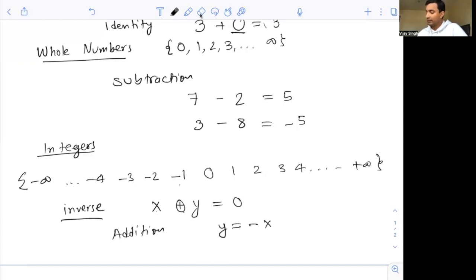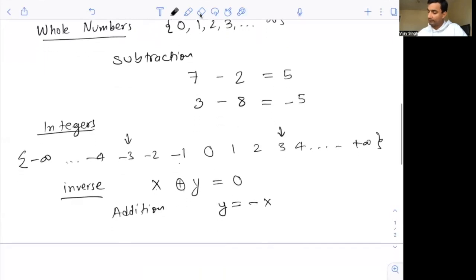When you take any number x, it has a conjugate value on the other side, which is minus 3. Once you add these two numbers, 3 and minus 3, you get a 0. So for every number, there exists an inverse value, which once you add to that number, gives 0. This operation is called the inverse of addition.